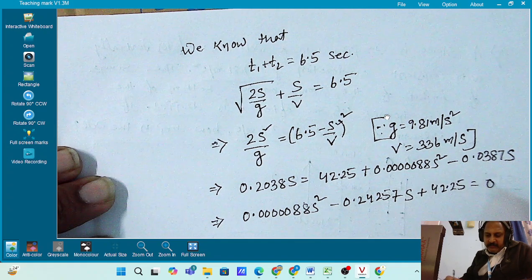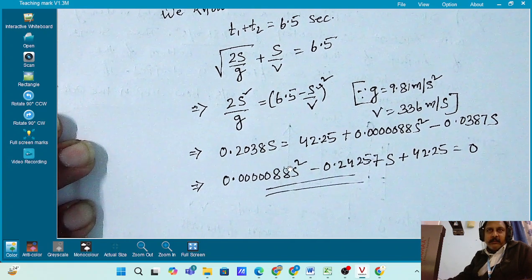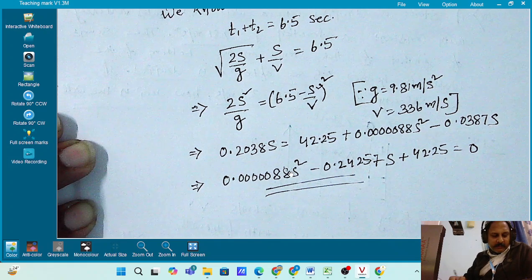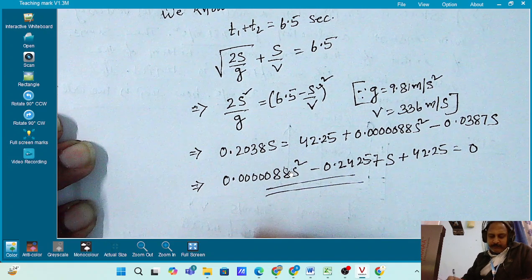Directly you put this quadratic equation into your scientific calculator, then ultimately we are going to get this value.